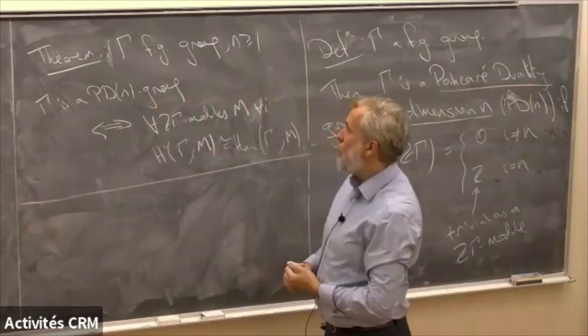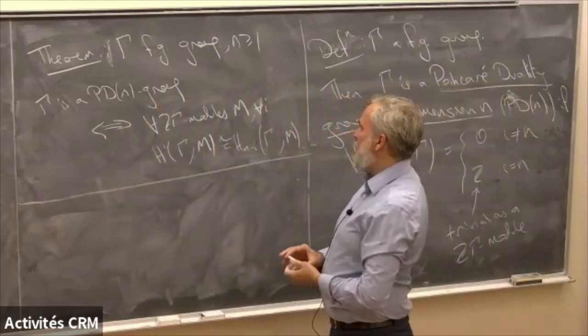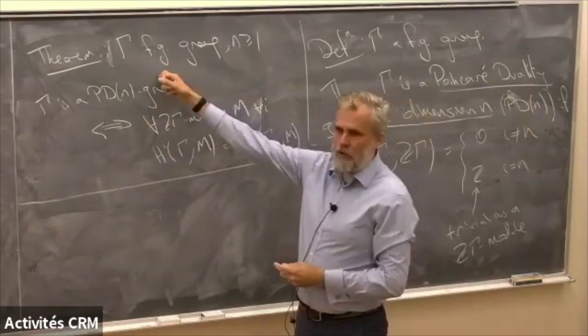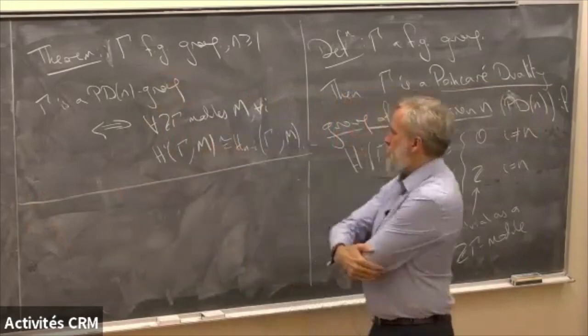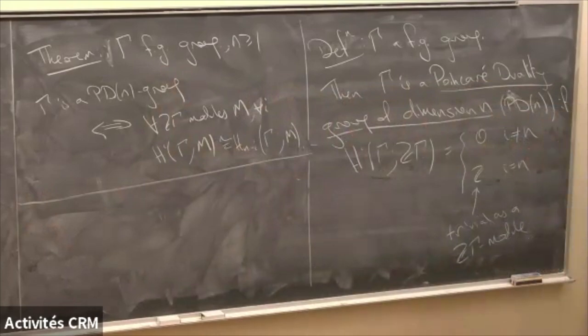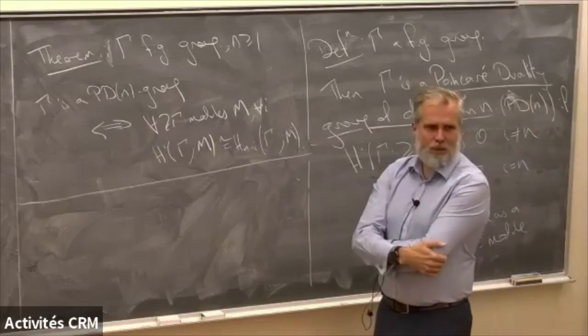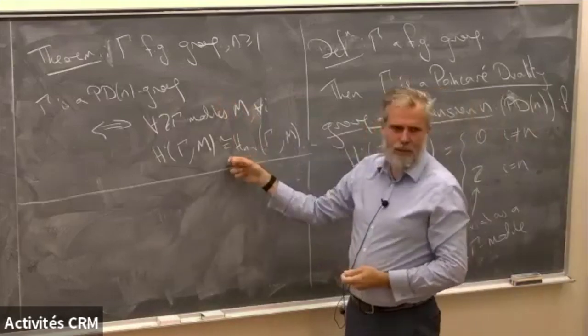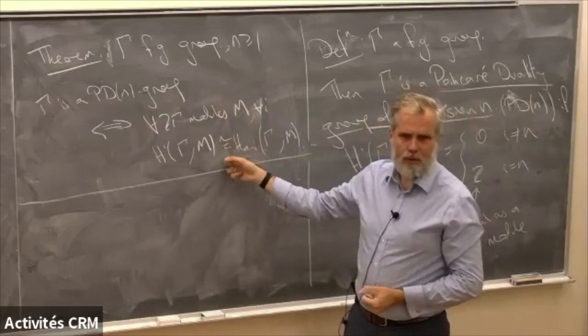What's that? I'm assuming finite generation. Does this condition imply that these groups are finitely generated?